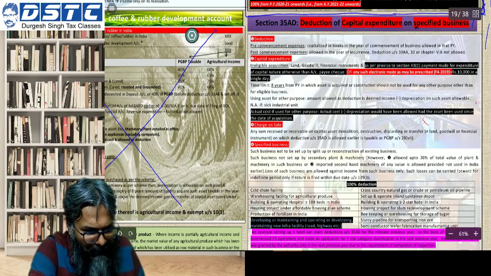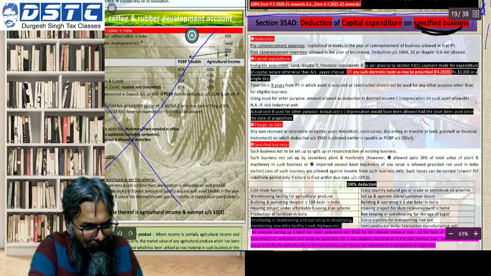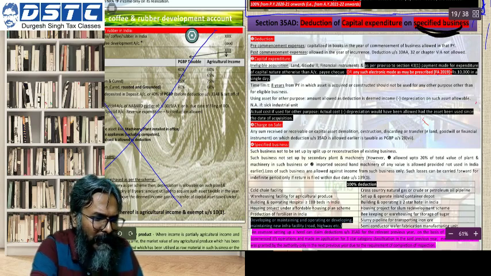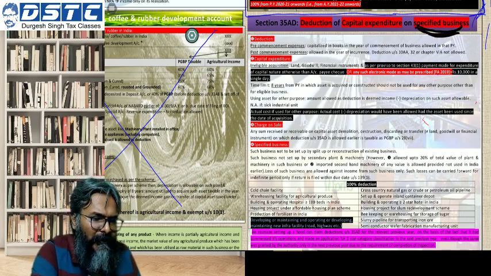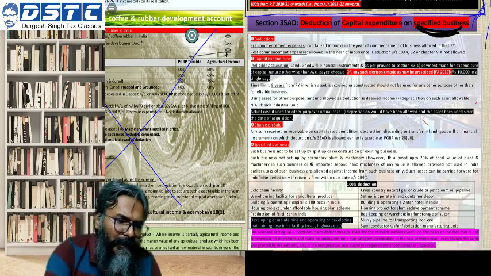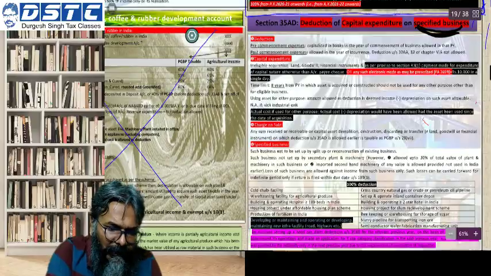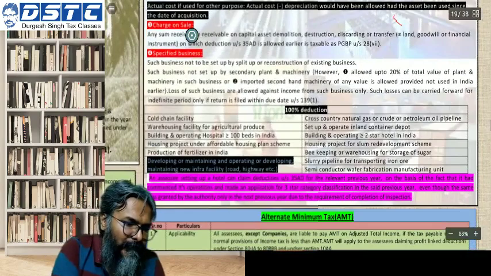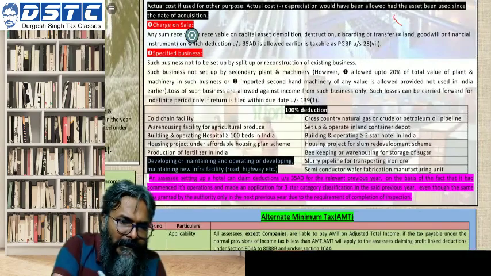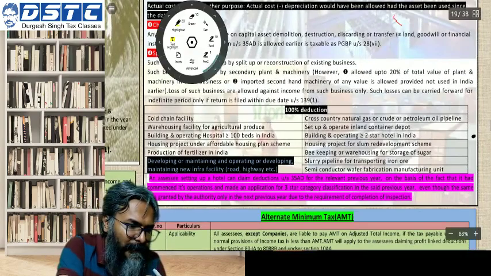But that capital expenditure should be in relation to a specified business. That capital expenditure should be in relation to what? A specified business. Which are the specified businesses? There is a list, students. Can you see over here? There is a list here which has been given. You will say, sir, where is the list? So students, this is the list. This is your list of the expenditure.